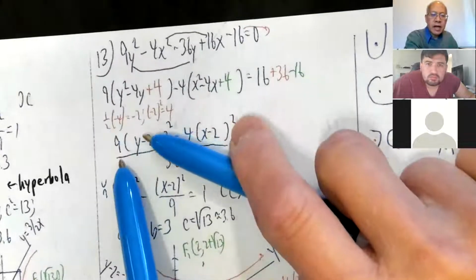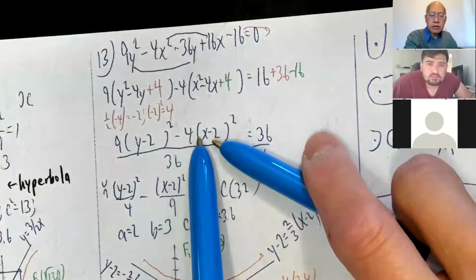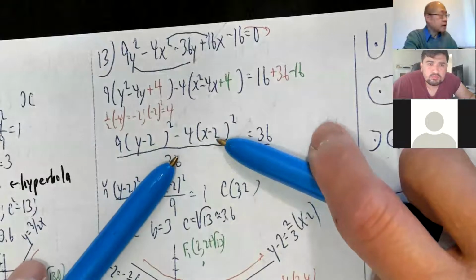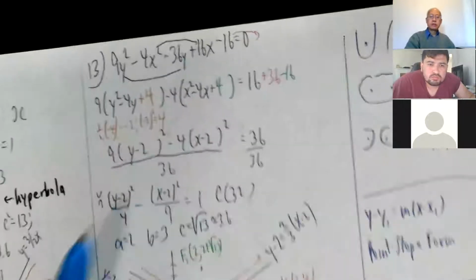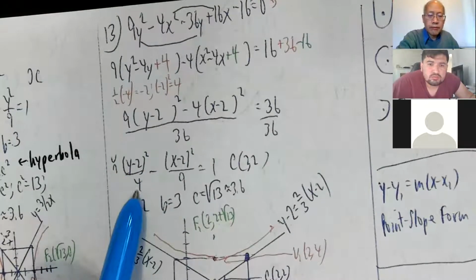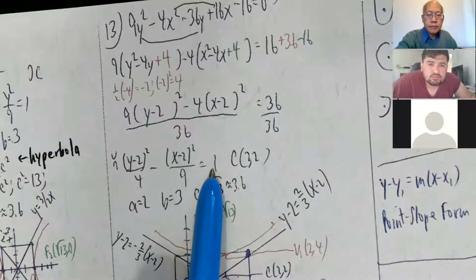This factors in a 9 times y minus 2 squared minus 4 times x minus 2 squared equals 36. The right-hand side isn't supposed to be 36, it's supposed to be 1, so divide by 36. So there we go. Y minus 2 squared over 4 minus x minus 2 squared over 9 equals 1.